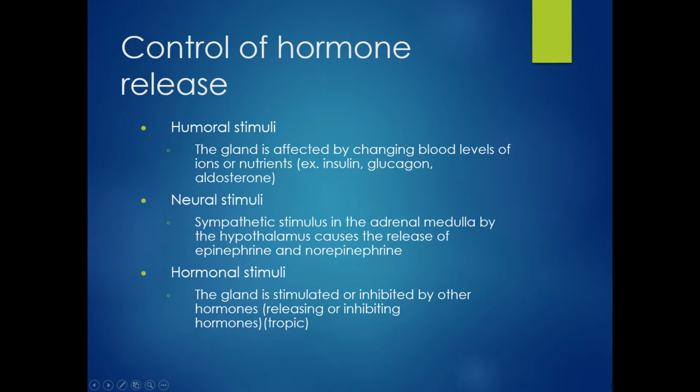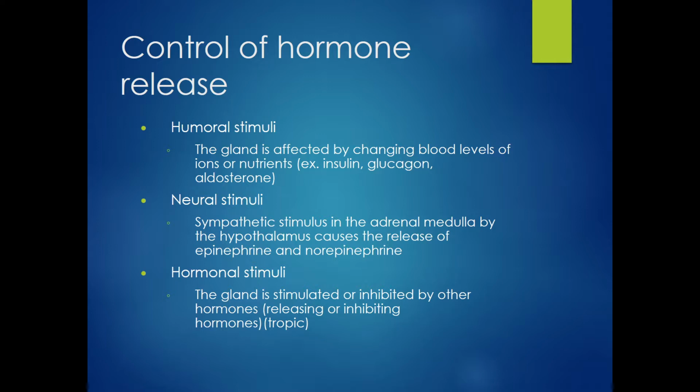Neural stimuli: not so many. One of the primary neural stimuli is sympathetic stimulation from the thoracolumbar region of the spinal cord to the adrenal medulla, or it comes right from the hypothalamus.